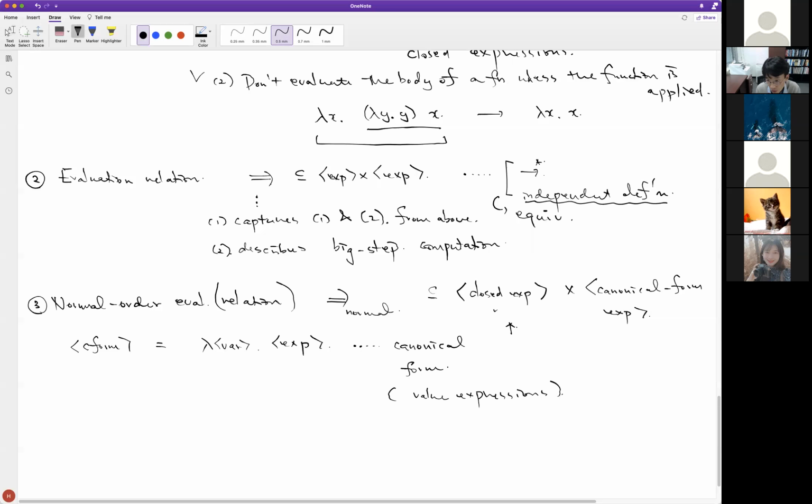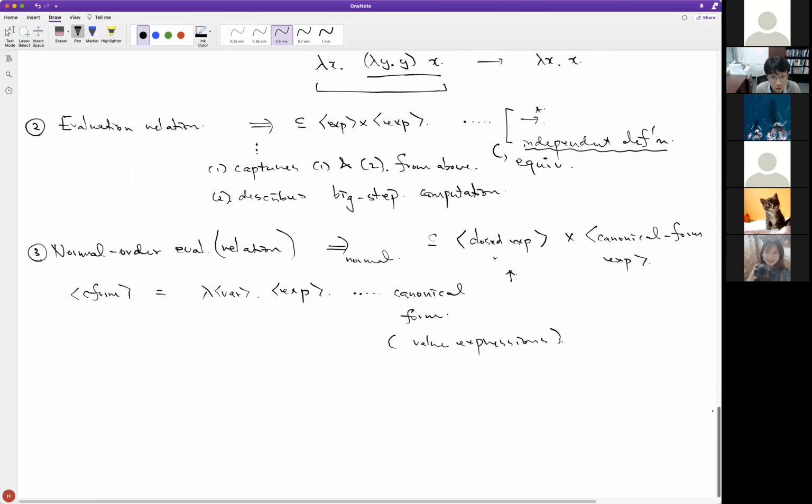Okay. So how is it defined? It's defined essentially the same way as the normal order reduction that I told you, except that under the lambda, we are not applying anything. So in the body of the lambda expression, we are not doing any contraction at all. Okay.